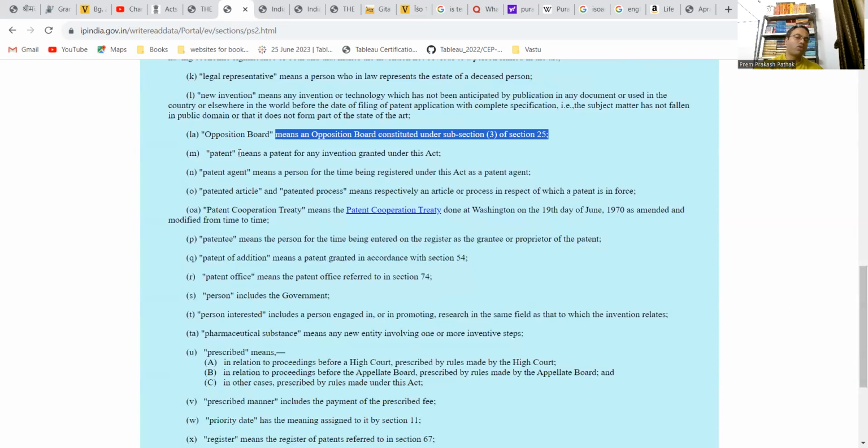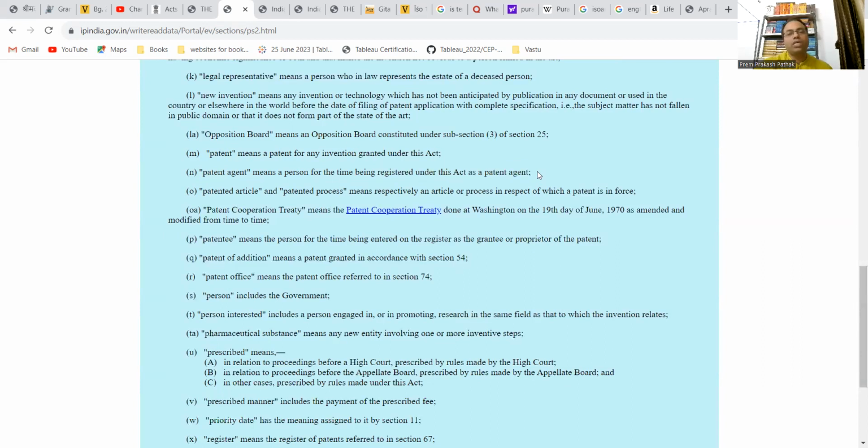Patent. What is patent? Clause (m): patent means a patent for any invention granted under this Act. So if it is granted, then it is called a patent. And who is called a patent agent? Clause (n): a person for the time being registered under this Act as a patent agent. If he is registered under this Act, he is called a patent agent.